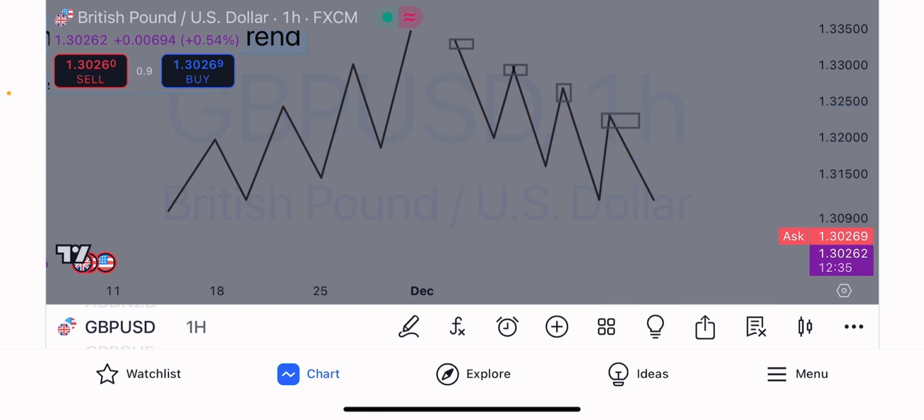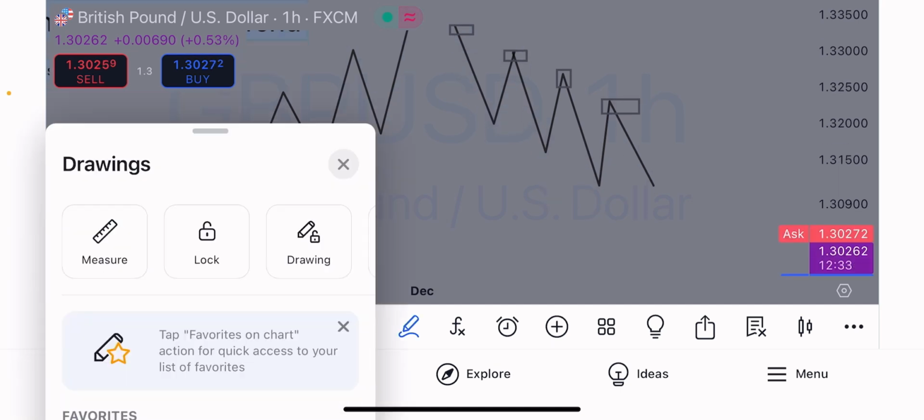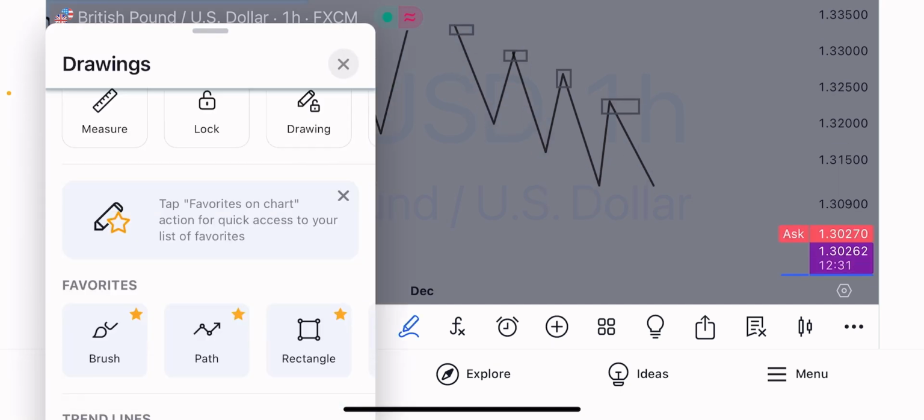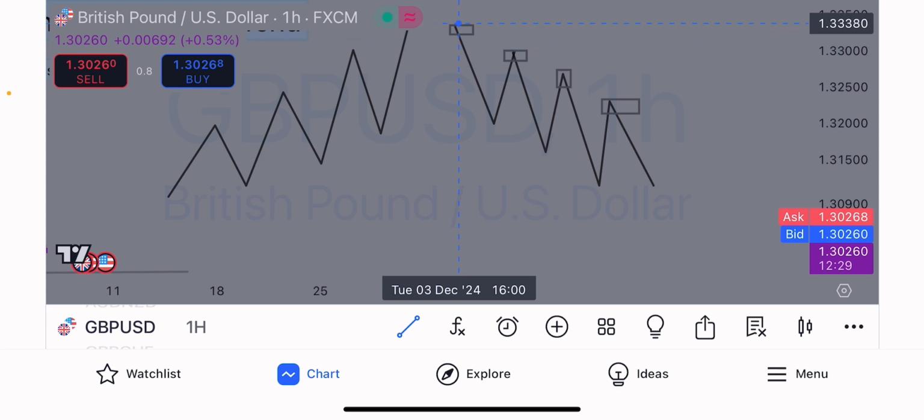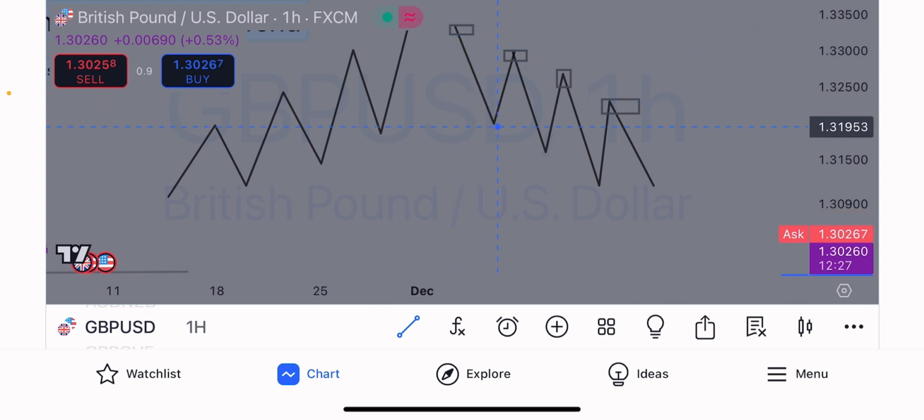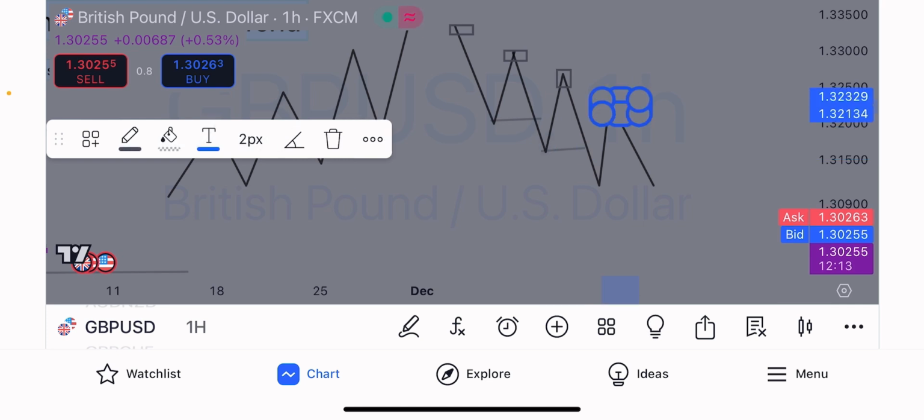If you notice, these lower highs are protected levels. The market does not take them out. It only takes out lower lows. Notice, it takes out this lower low, comes back, first of all retraces to form a lower high, then takes out this previous lower low. So that's how the market basically works.